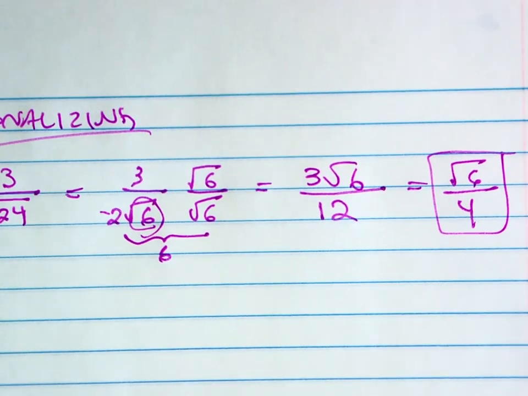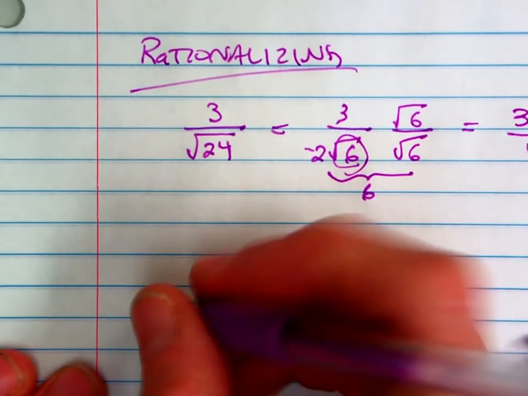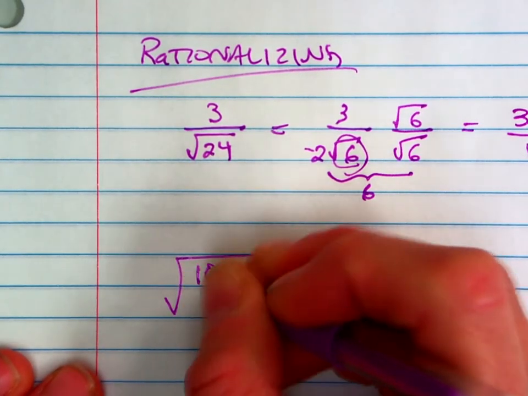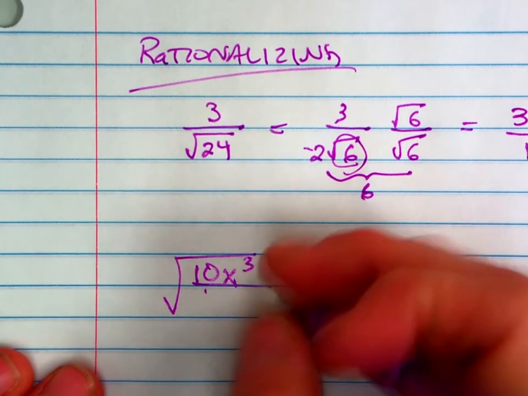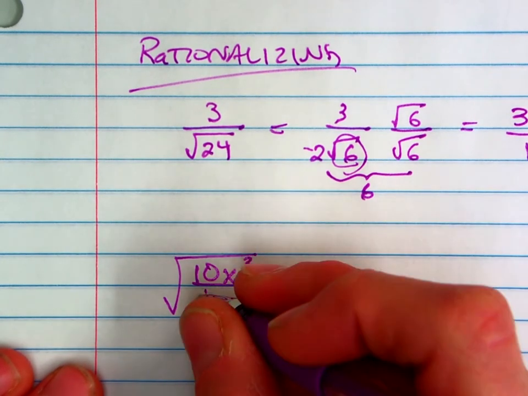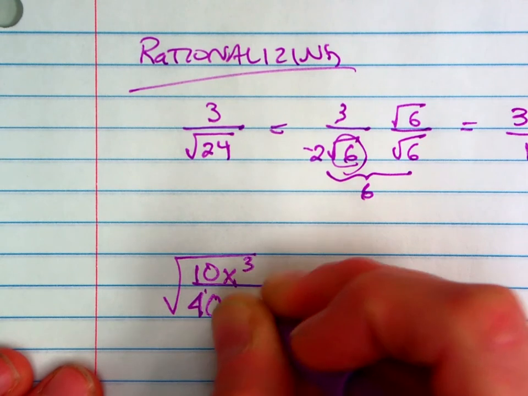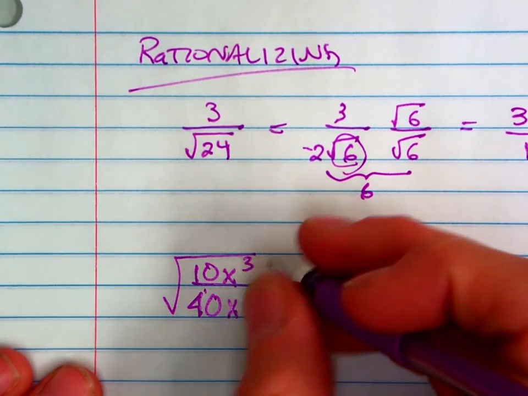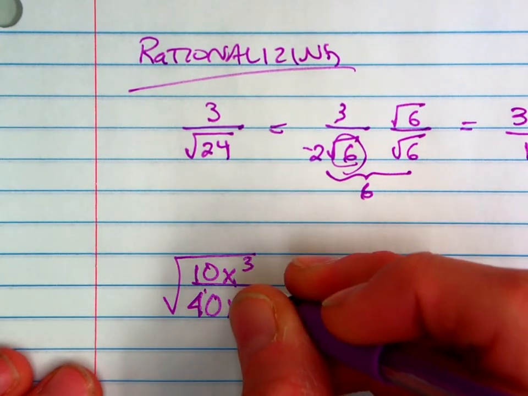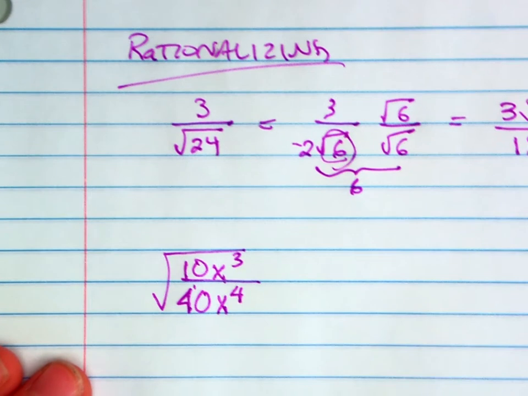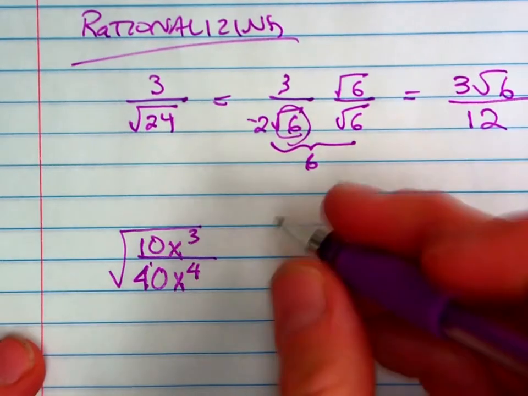The same thing can happen with variables. So if I had the square root of 10x cubed over 40x to the 4th, I would simplify the inside first.